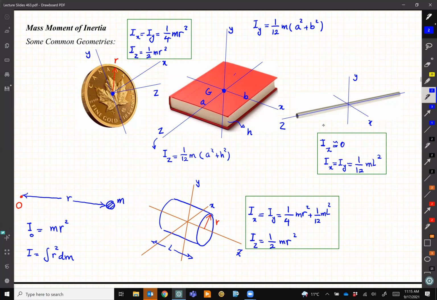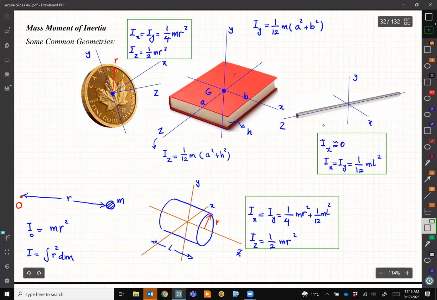Okay, and all these things came from the main definition, where we define moment of inertia I as the integral of r squared dm. So for all of these, we can integrate and we get that form. Okay, so that's about mass moment of inertia.